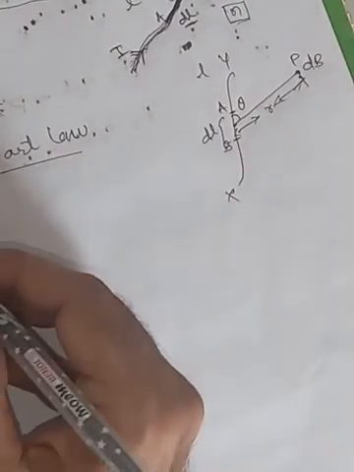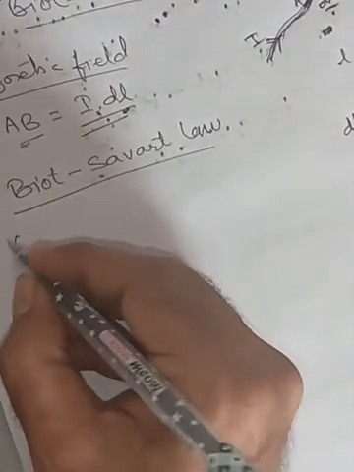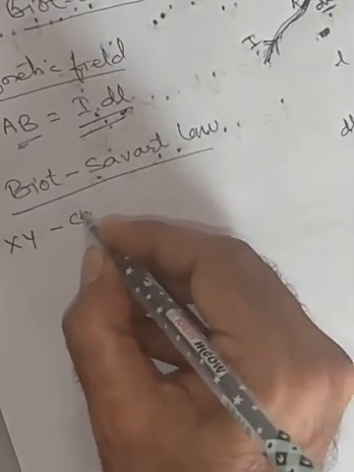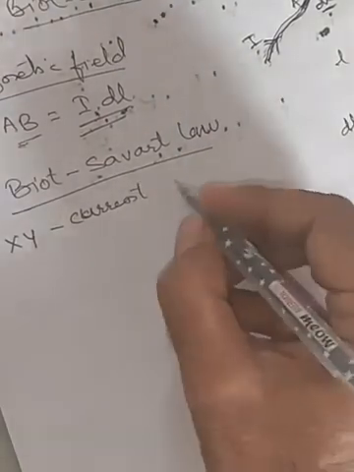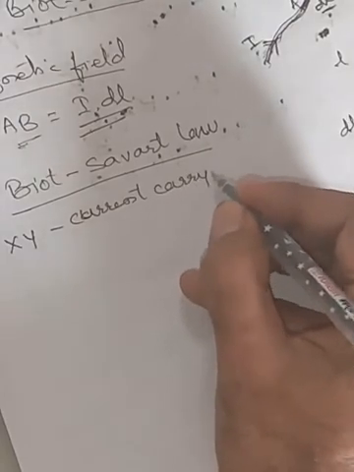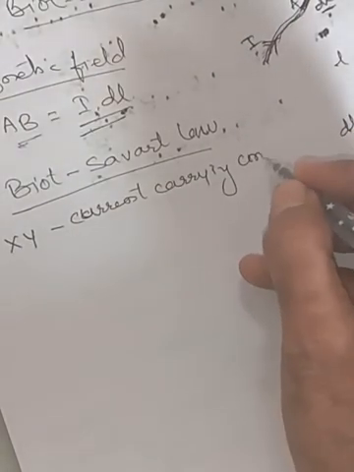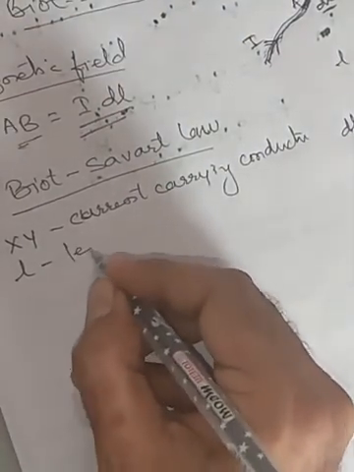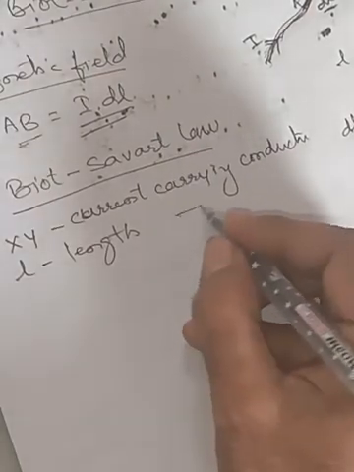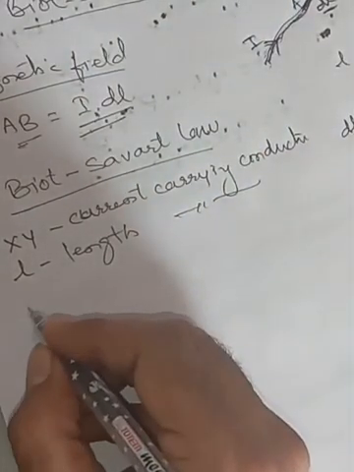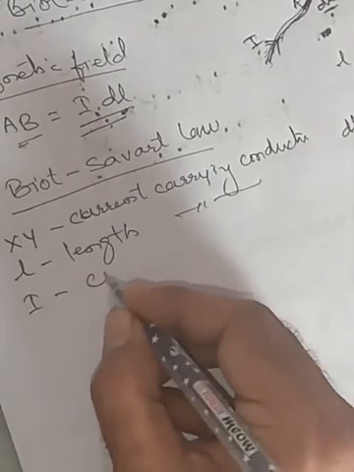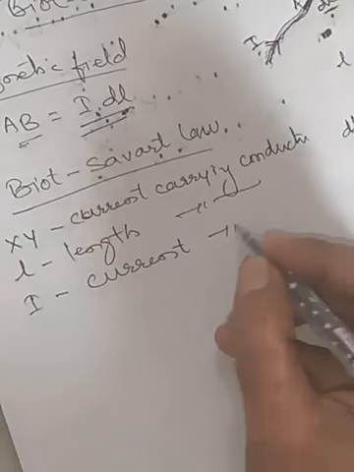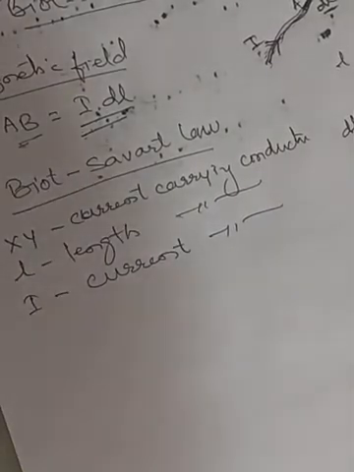Now, what are the things we have to understand? XY is the current carrying conductor. L is the length of the conductor. I is the current flowing through the conductor.